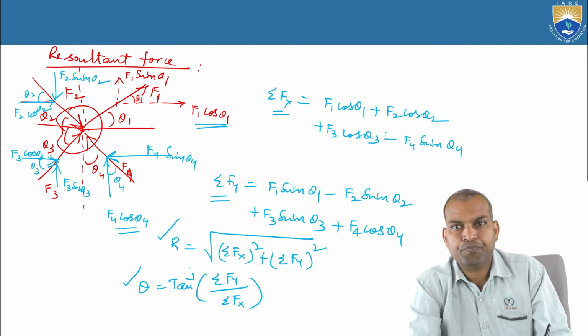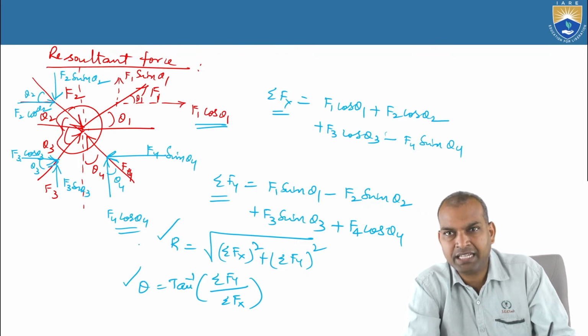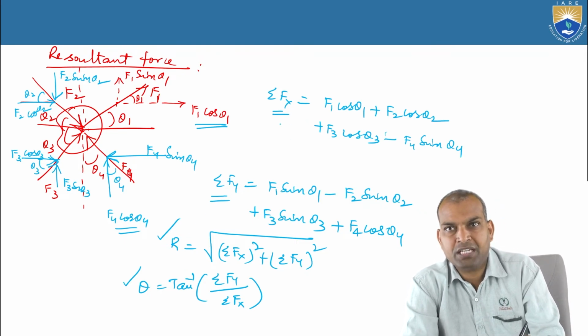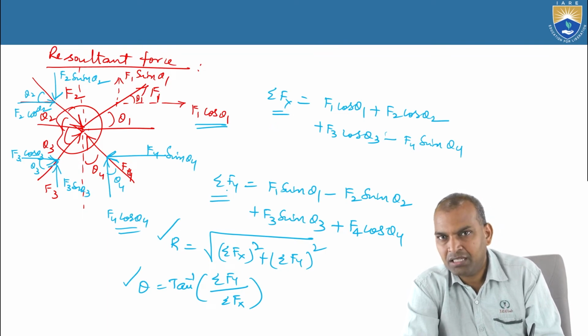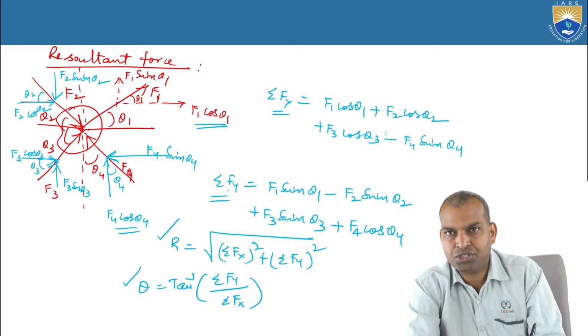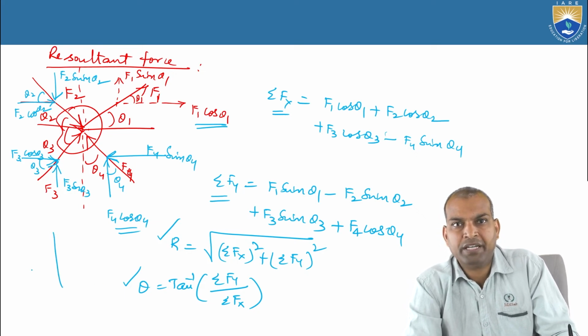How can we know in which coordinate, in which direction, this resultant is acting? Suppose sigma Fx is positive and sigma Fy is also positive. There are four coordinates here.